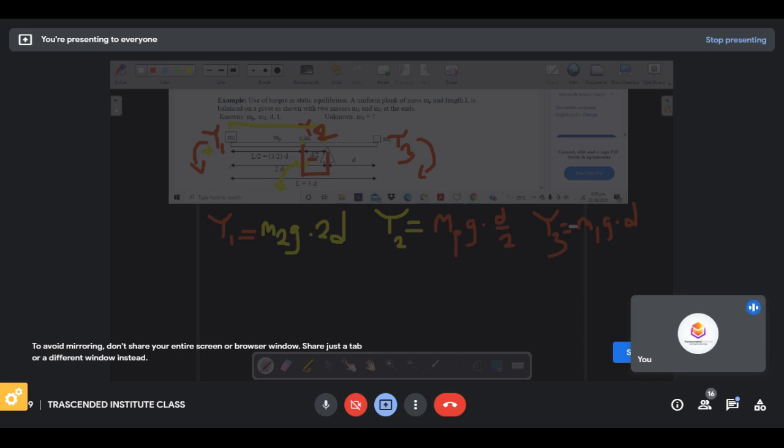How are you looking at it? Because we are trying to find the distance from the end to the pivot. From this point to the pivot.